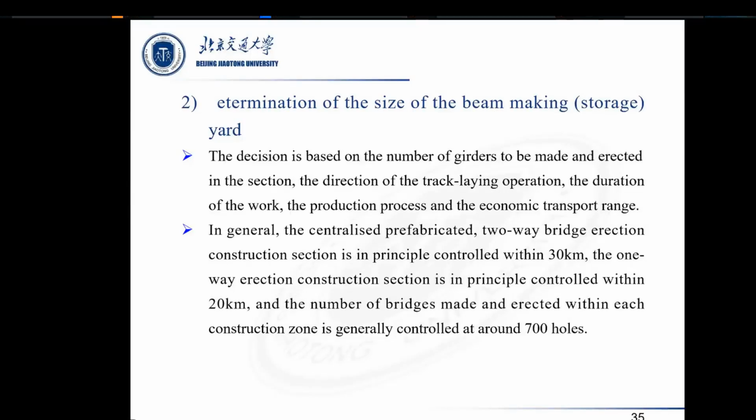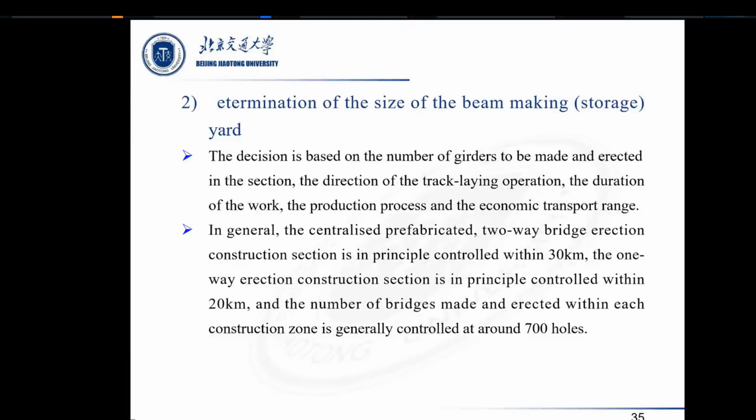Generally speaking, the construction section with centralized prefabrication and two-way erection of girders is controlled within about 30 km in principle, and the construction section with one-way erection is controlled within 20 km in principle.